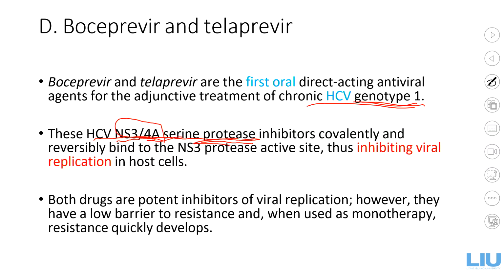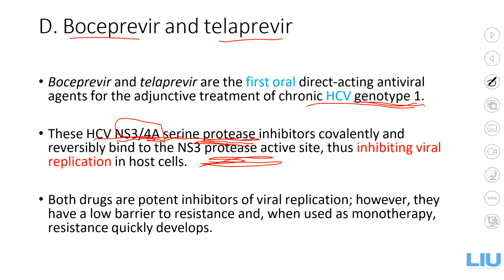There are drugs specific to this enzyme, and these two are examples. They attack the protease. Protease is an enzyme that breaks down the proteins after they're synthesized, because the viral proteins are synthesized as a single protein, and then protease cuts them into all the active forms. So if you stop that enzyme, the viral life cycle is going to be suspended.